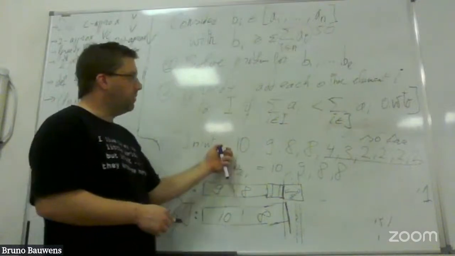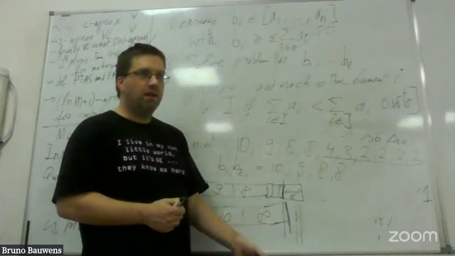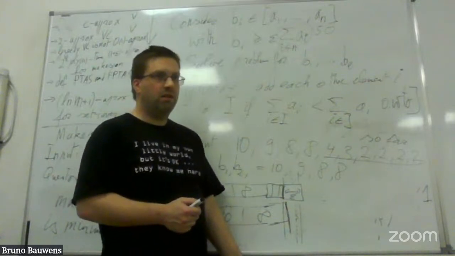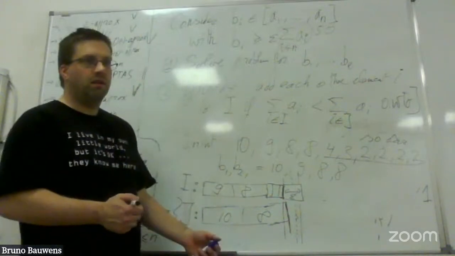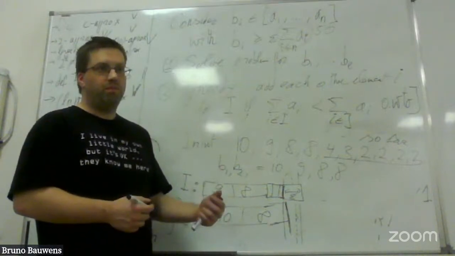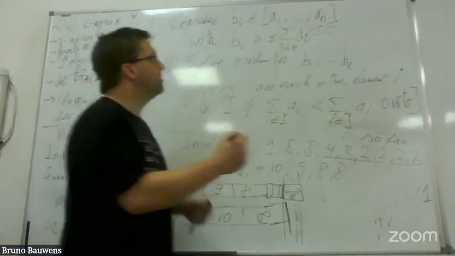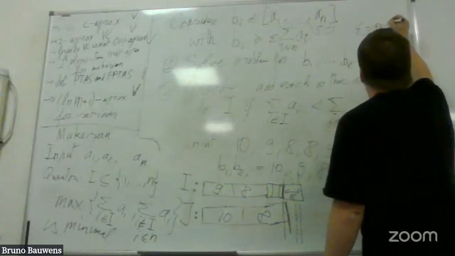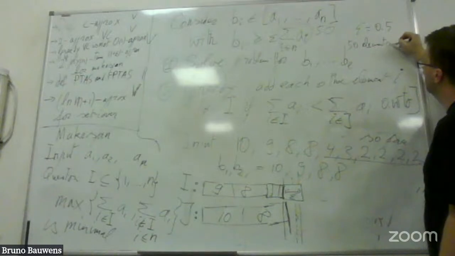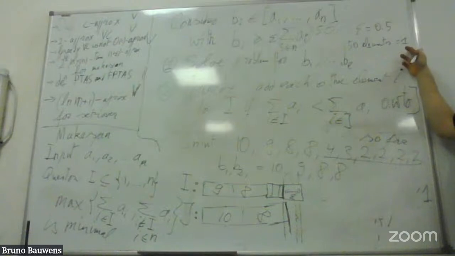So here our sum is 50. If all elements of array A are 1, and we have 50 elements, and epsilon is 0.1, then the sum is 50.